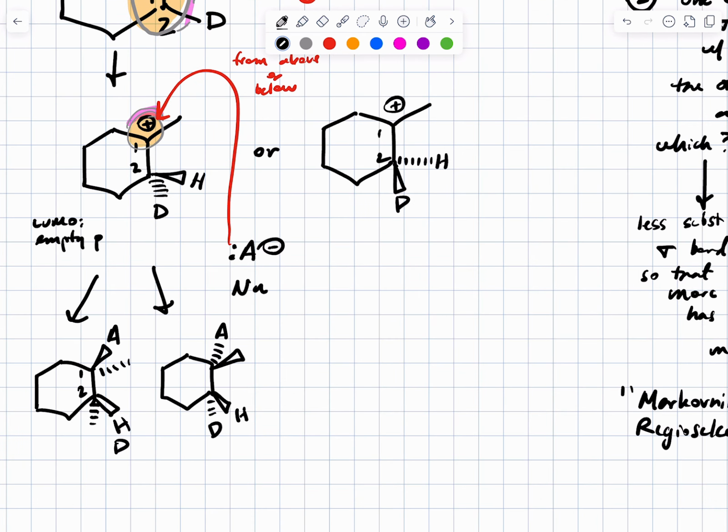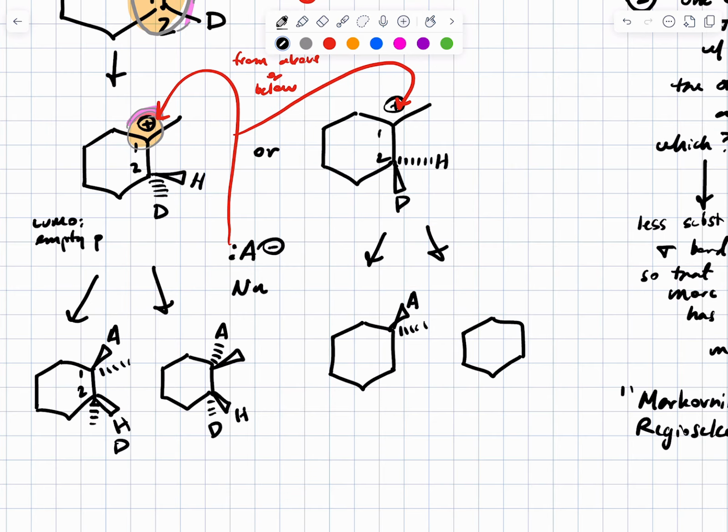Now we can do the same thing on the other carbocation from above or below, and we will likewise get two different products, one in which the nucleophile that attacked, the conjugate base, is up, and the other where the conjugate base of our acid is down. Of course, the other carbon stays the same. It has to, because its stereochemistry was set in the previous step.